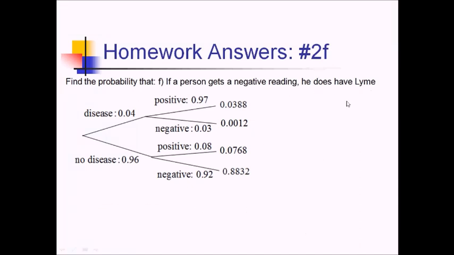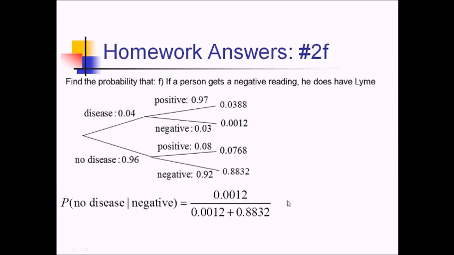For part F, we want the probability that if you got a negative reading, you do actually have the disease. So here's disease and negative. That's this 0.00112 out here. And we're going to divide that by all the negative readings. So the 0.00112 plus this negative no disease part, 0.8832. This is pretty much like part E, only now we're doing 0.00112 up here instead of the 0.8832.